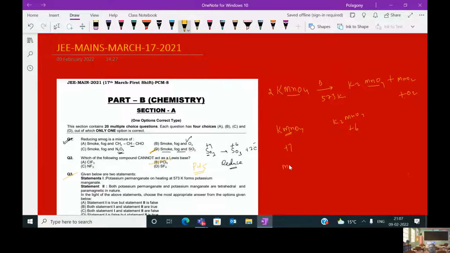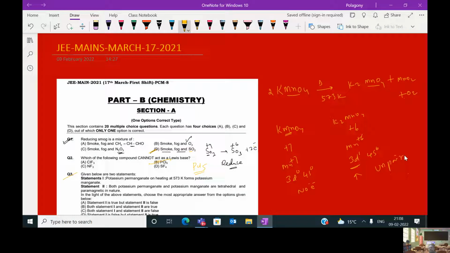So manganese is in the +7 oxidation state in one and +6 in the other. If you write the 3d configuration, it would be 3d0 4s0 for +7, and 3d1 4s0 for +6, where the d orbital has one unpaired electron, and in 3d0 no electron is present. For paramagnetism, an unpaired electron is required.